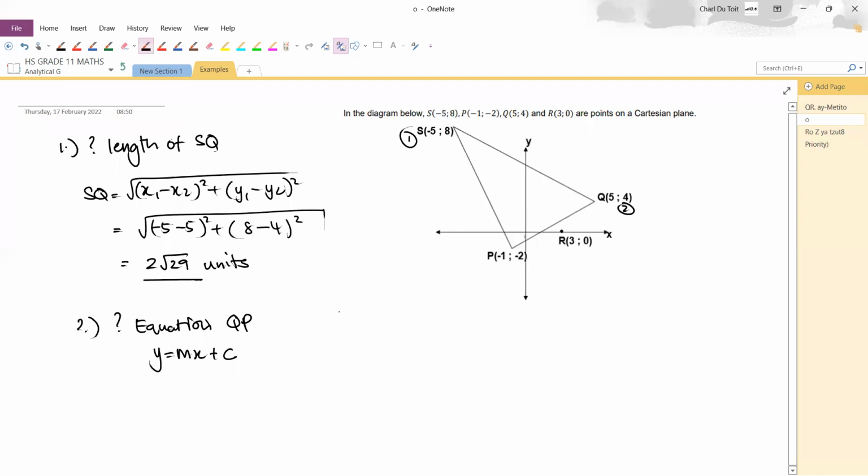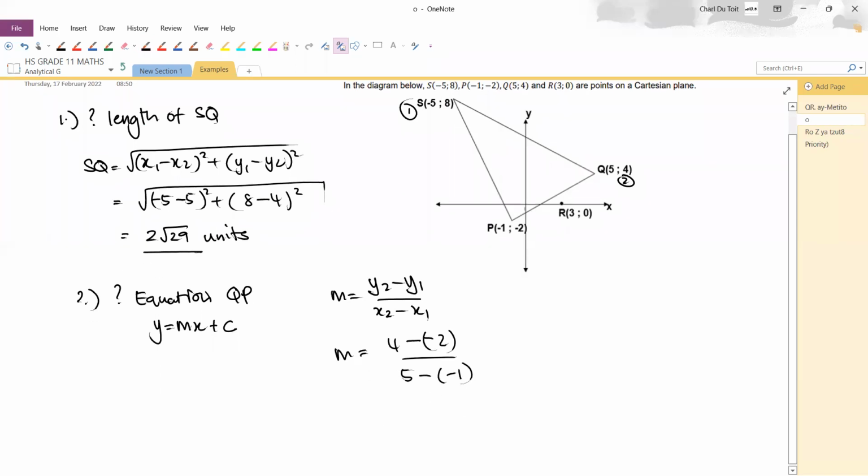So we first need to get the gradient. The gradient is y minus y over x minus x. I don't have the gradient, so I first need to calculate it. So the gradient is what? 4 minus 2, is that right? Over 5 minus 1. Okay, but the gradient is 1 then. Not the equation, the gradient.